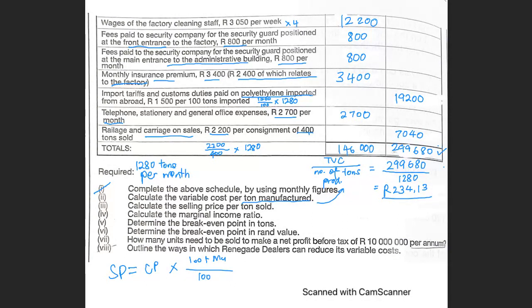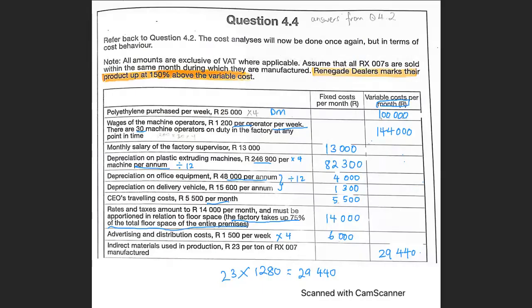Here your cost price is the one that we just calculated in question 2, so that's 234.13 multiplied by 100 plus the markup percentage we saw on the previous page.